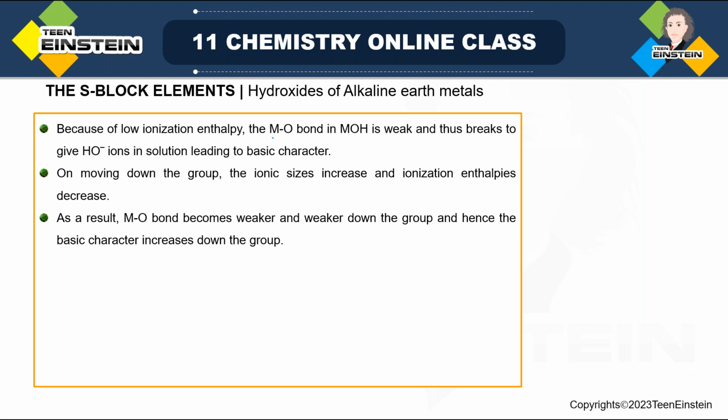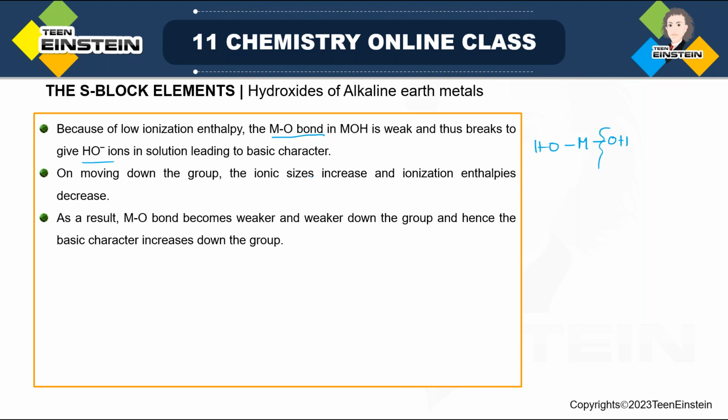Because of this reason, the metal oxygen bond in MOH is weak. This M-O bond breaks to give HO minus ion in solution, and that is the reason why we have basic character. And it is also true for alkali metals, for the same reason.